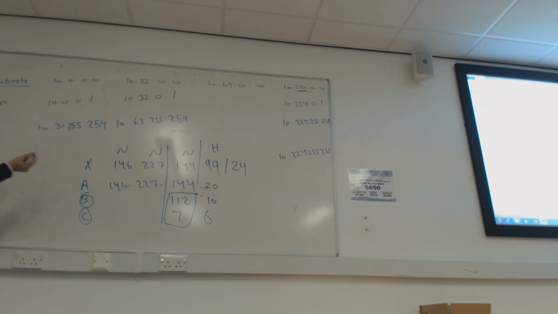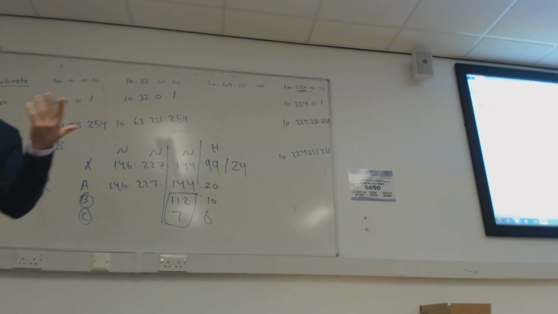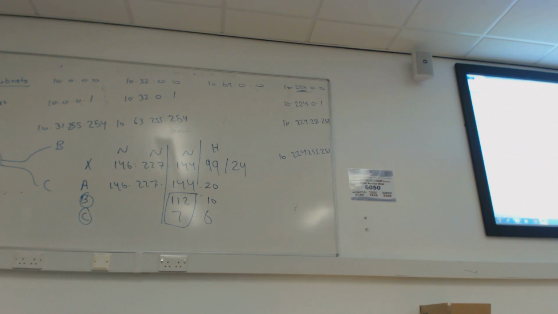So in other words, if I want to draw this, it might look like that. Machine A is connected with X here. Meanwhile, here you'll have B and C because they belong to a different subnet. And if they belong to a different subnet, the ARP table only stores devices in the same subnet. You remember that whole ARP range?